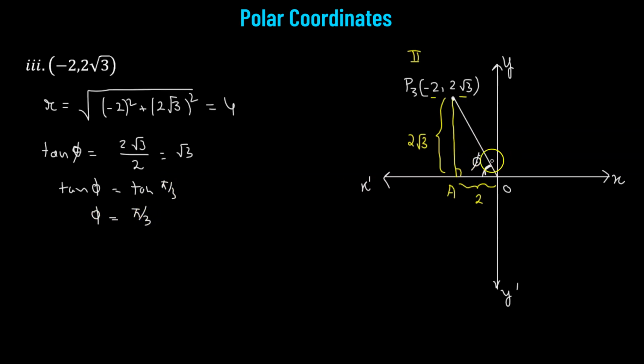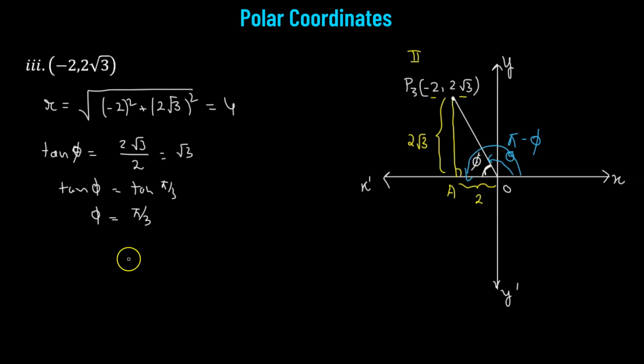Fine. But we do not need this angle phi. What we need is the angle theta, which is measured from the positive direction of the x-axis. So here it's very easy. If we take this angle as pi radians, and from it subtract phi, this is simply going to give us the angle theta.